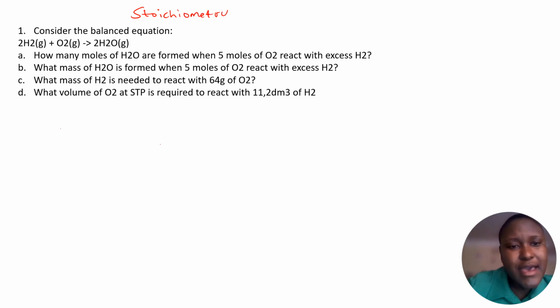We look at the balanced equation. They say that you have hydrogen, which is diatomic, reacting with diatomic oxygen to give you water molecules. So you have two hydrogen molecules reacting with one diatomic oxygen to give you two water molecules.